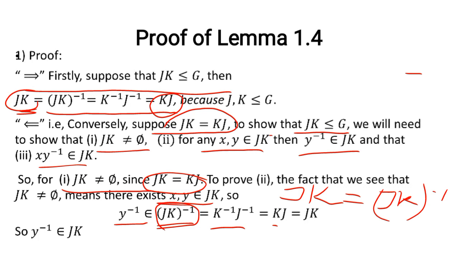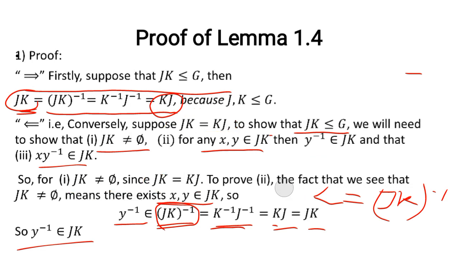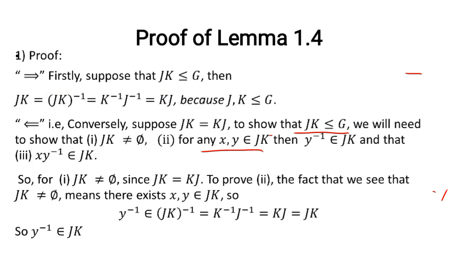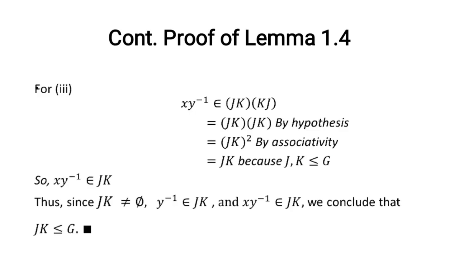So this is the same as this, and this is this, which is also this, and therefore we have this relationship. So we succeeded in showing the first two conditions for something to be a subgroup. We succeeded in proving point 1, not empty. Point 2, Y inverse lies in JK. We need to show this, so let's go to the next slide.